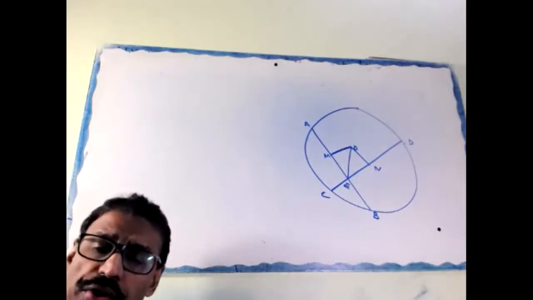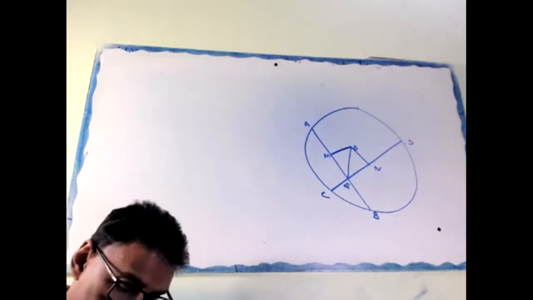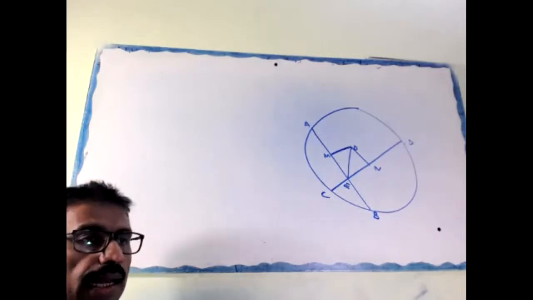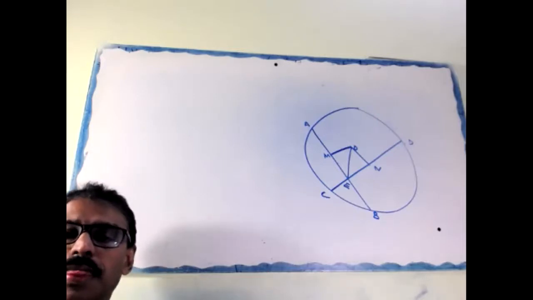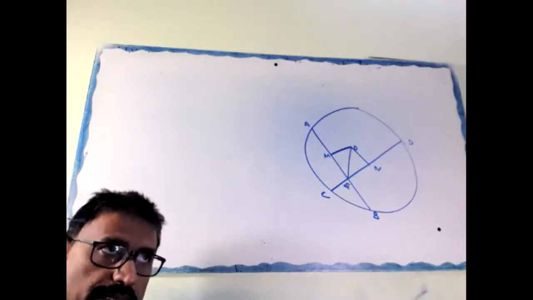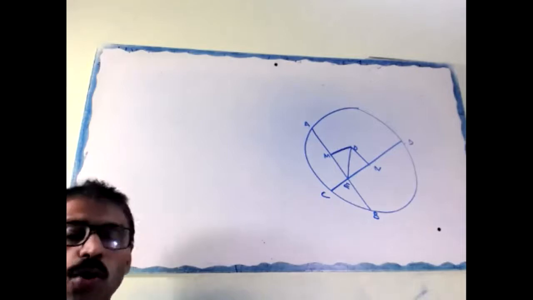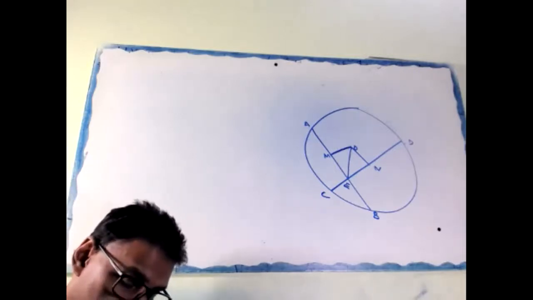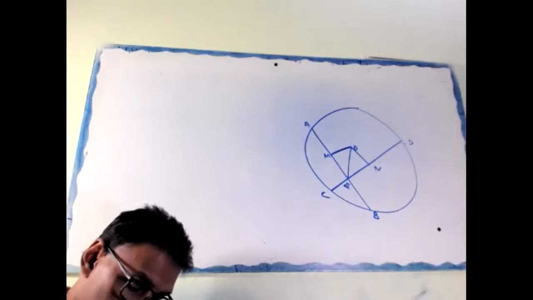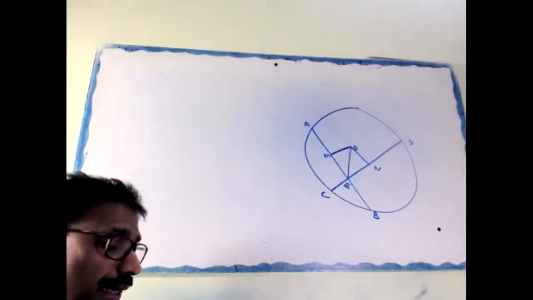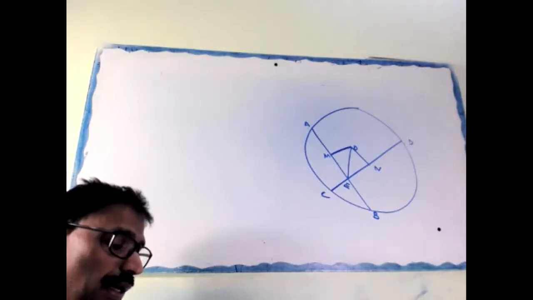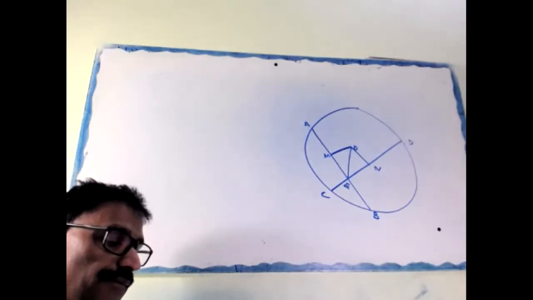Angle M equal to angle N, 90 degrees by construction. OE equal to OE, common. Therefore, triangle OME congruent to triangle ONE, by RHS congruency.